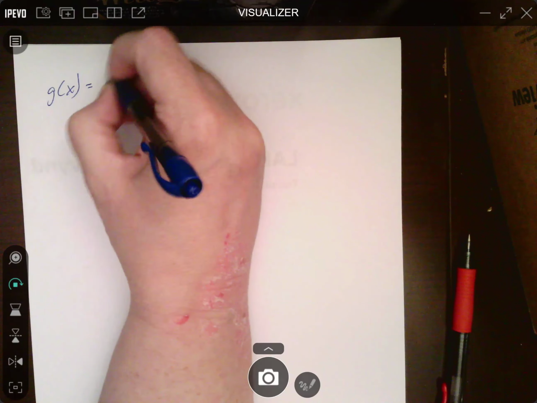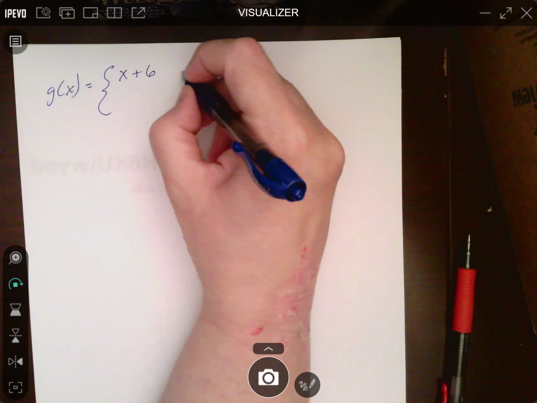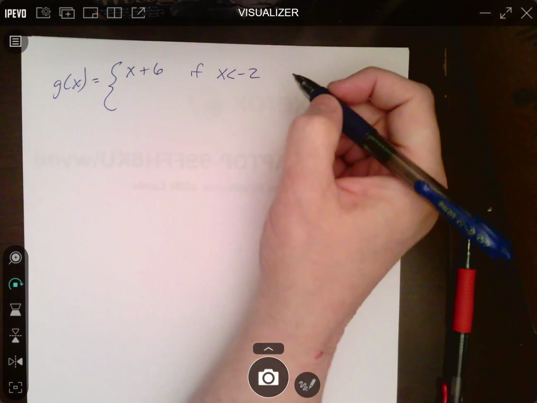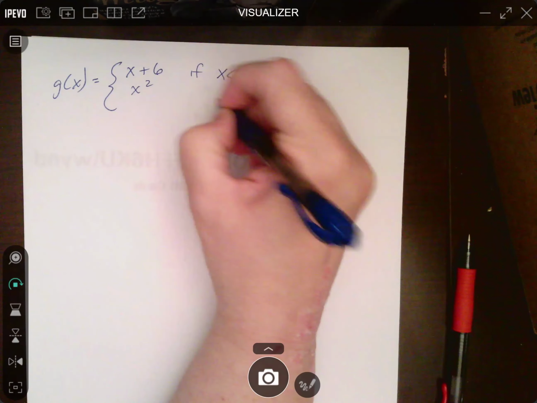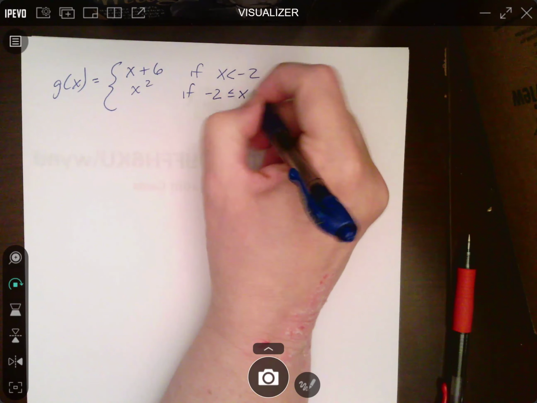It's going to have 3 parts. x plus 6 if x is less than -2. It's going to equal x squared if -2 is less than or equal to x, which is less than 1.